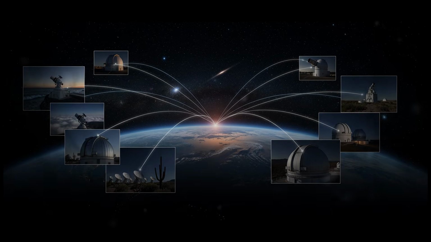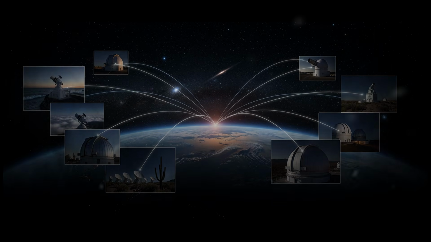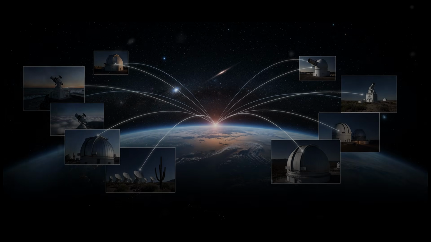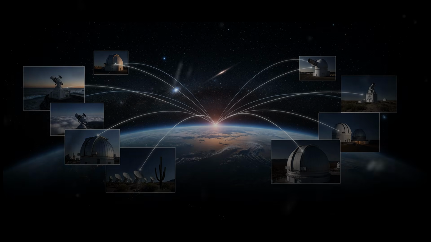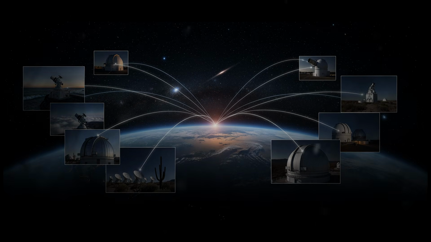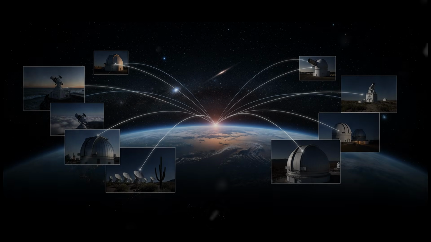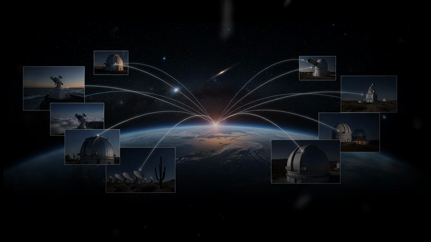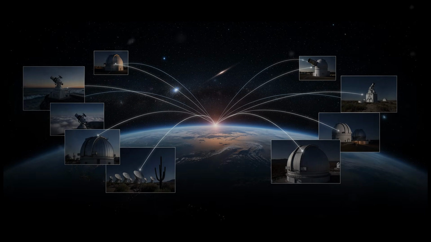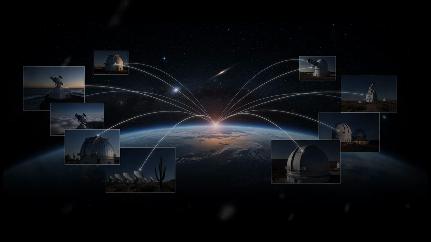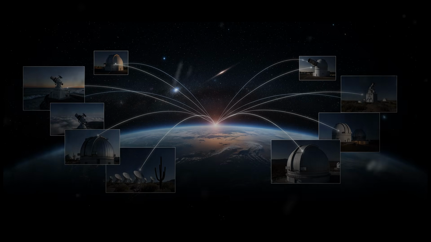That surplus shows up as the excess speed, the asymptotic cruise control the object will settle into far beyond the planets. Oumuamua carried such a surplus. Borisov carried even more. 3I ATLAS arrives wealthier still.